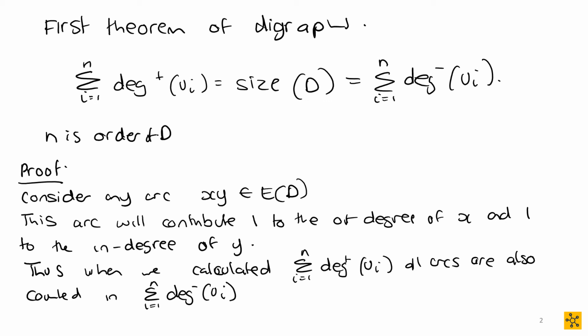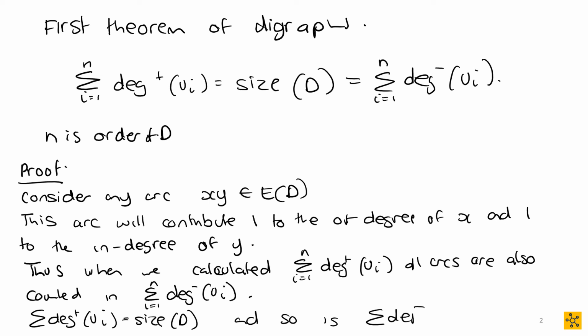And we can also work out that the sum of the degree plus of vi is equal to the size of D, and so is the sum of the degree minus of vi.